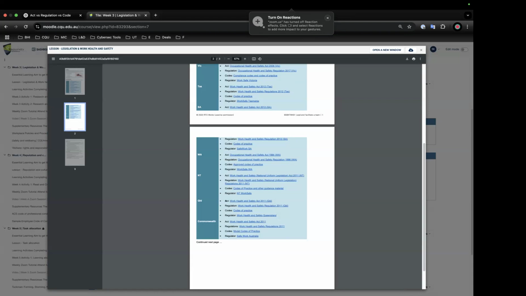And the codes of practice provide specific information on certain issues, how to comply and achieve those legal standards. Tuan's generally got it all correct.